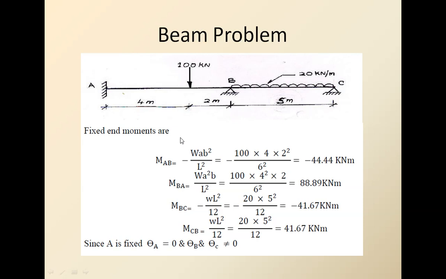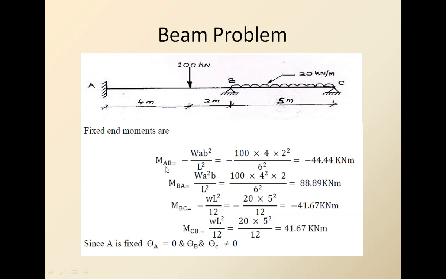The second span has a uniformly distributed load. So in this, I have given a list of fixed end moments that you have to refer. Then you write the fixed end moments, that is MFAB. This is not MAB actually.